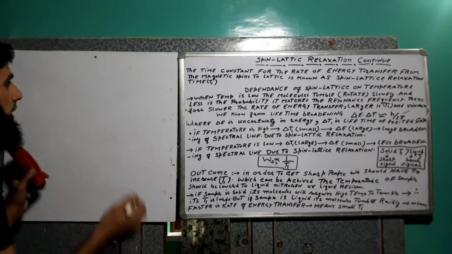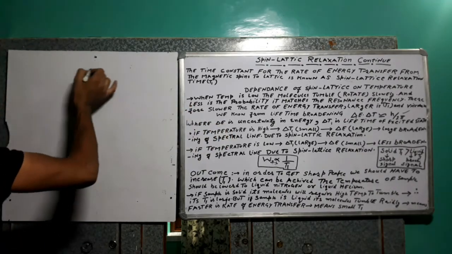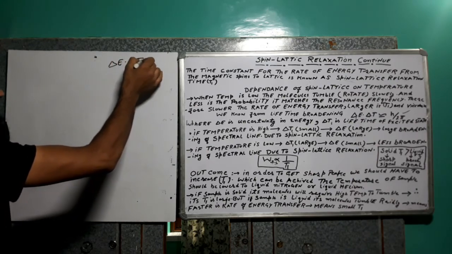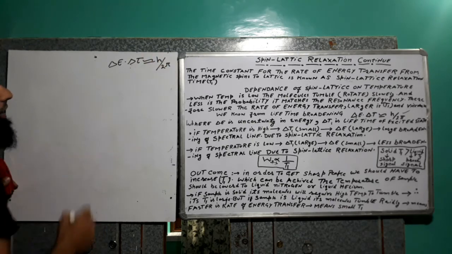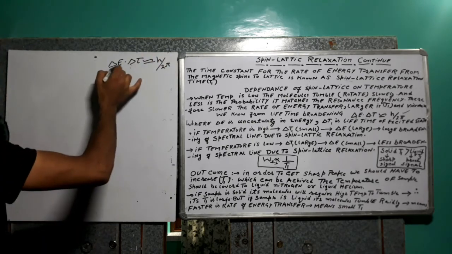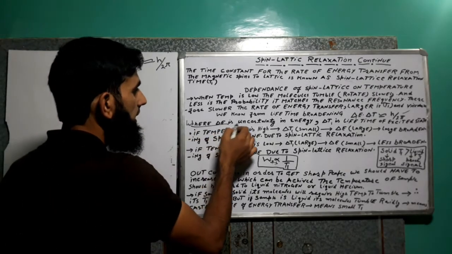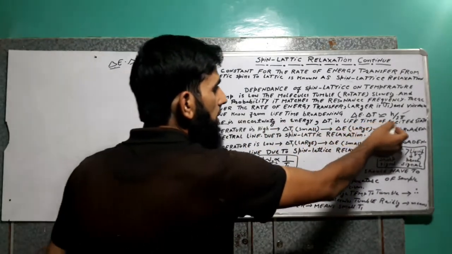Try to understand. As per Heisenberg, ΔE × ΔT is nearly equal to h divided by 2π. Here ΔE is the uncertainty in the energy, and ΔT1 is the lifetime of the excited state.